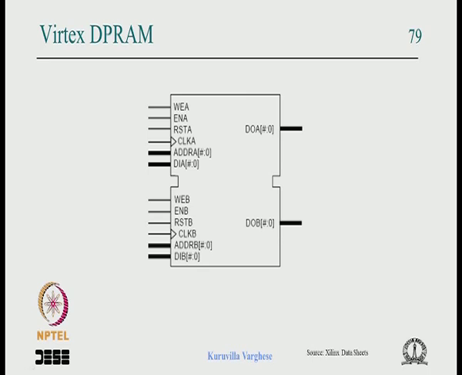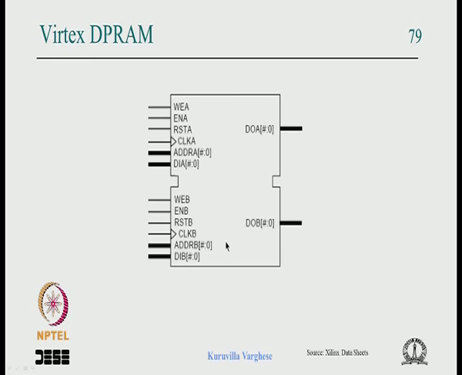I have not shown the internal details, but it's not a very difficult thing to imagine, and in principle you can build any number of ports, like you can have 3 ports, 4 ports, it does not matter, but at least what is useful is a dual port, because many times you can write using one port and you can read using another port.